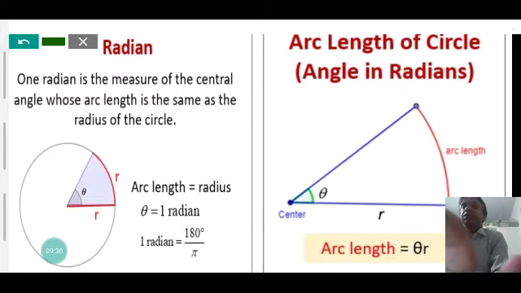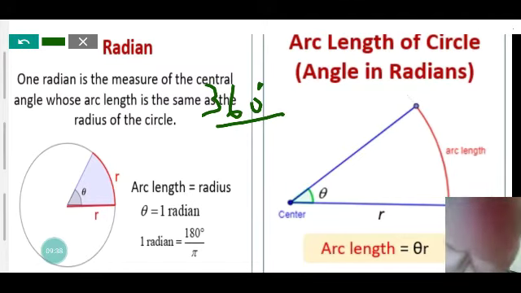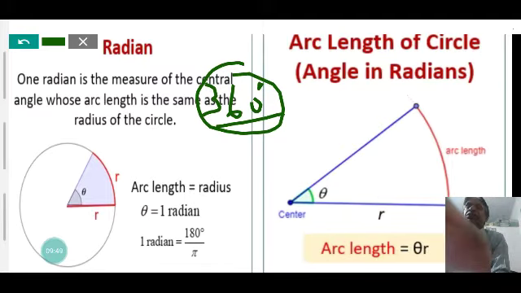One is degree measure, the sexagesimal system, in which 360 degrees is completed when one revolution is completed in a circle. Another is the centesimal system, in which 90 degrees is divided into 100 parts, known as grades.